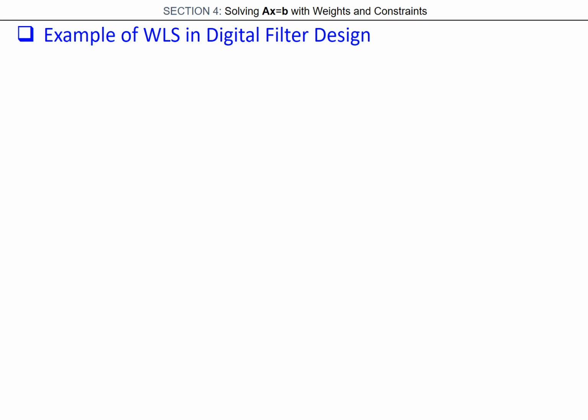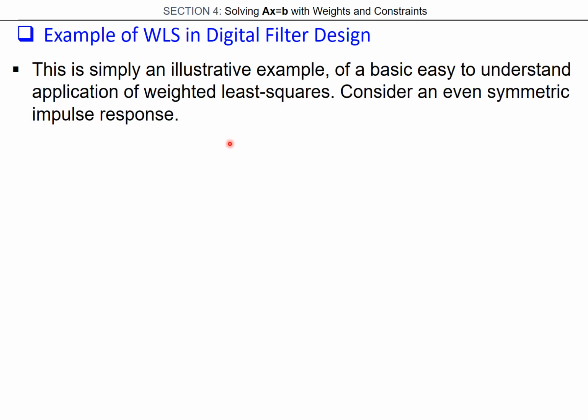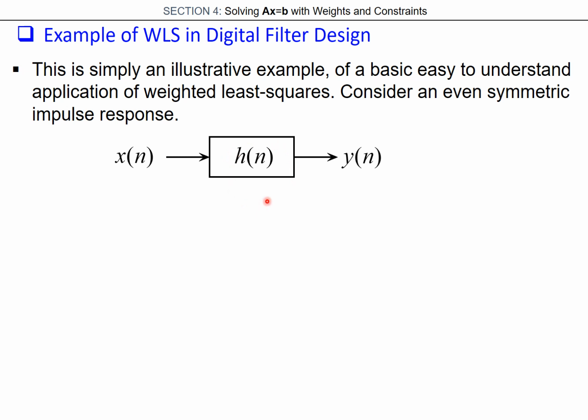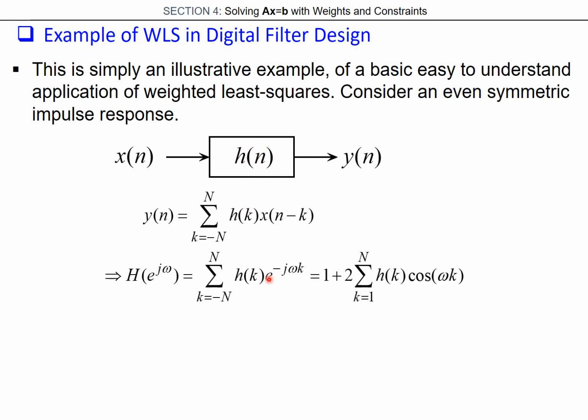Okay, so now let's have a look at how we might use weighted least squares in something like digital filter design. I've taken this because it's a simple example. It's not the way that you would really design a digital filter now, but it's pretty instructive about how you use weighted least squares. You don't need to know much about digital signal processing. All you need to know is that the frequency response of the filter is given by the impulse response of the filter.